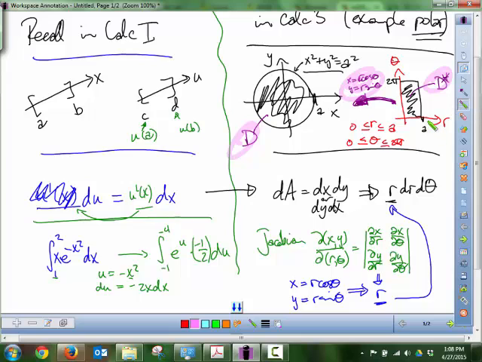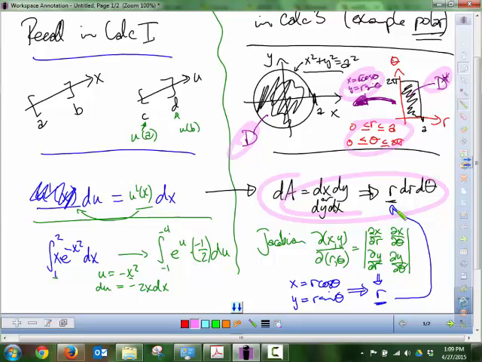I guess sometimes they call it pre-image. And in doing so, you can find your new limits for your integration. And then you need the Jacobian to compensate for that differential change from a dx dy to, in this case, dr d theta. Okay?